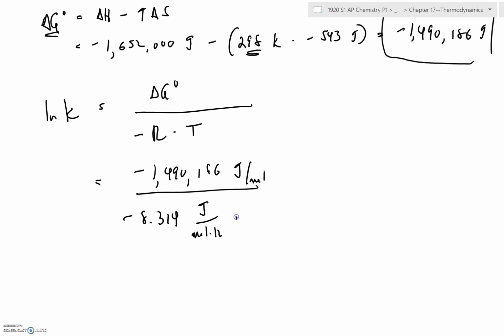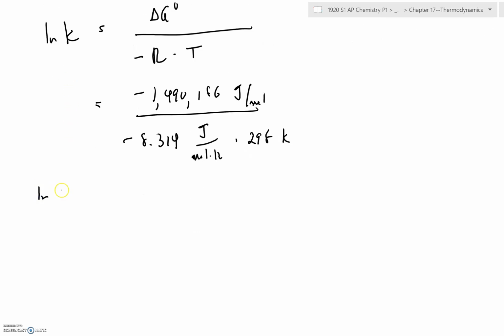And our temperature is 298 kelvins. And that means all of our units are going to cancel out, which is what we want. Okay, so here is our natural log of K. We got negative 1,490,186 divided by the quantity, negative 8.314 times 298.